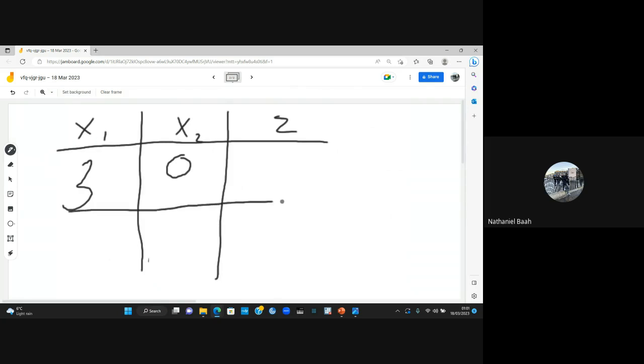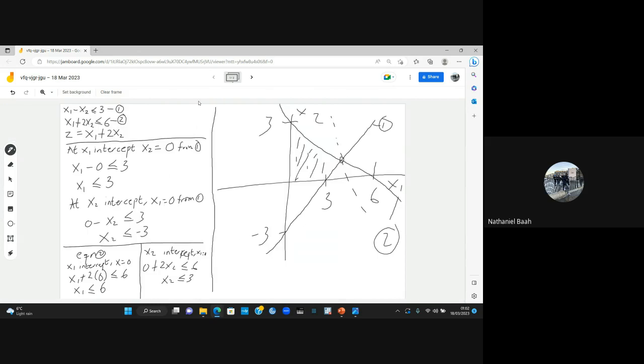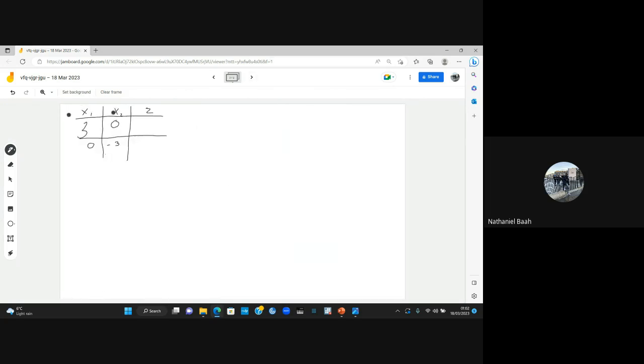Let me draw a straight line here. Perfect. Then at x2 intercept, x1 here is 0. Then we had x2 to be equal to -3. Good. I hope we are all following. Great.